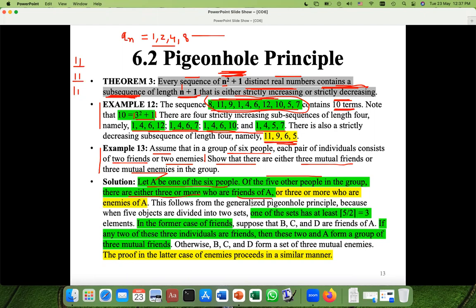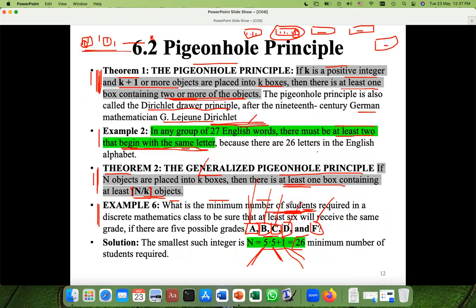So you can simply use the generalized pigeonhole principle, the second one, and use this formula.